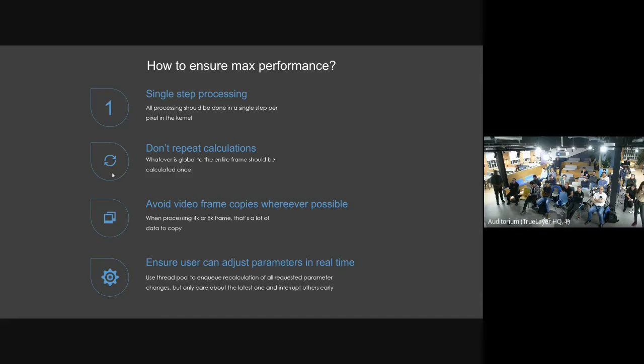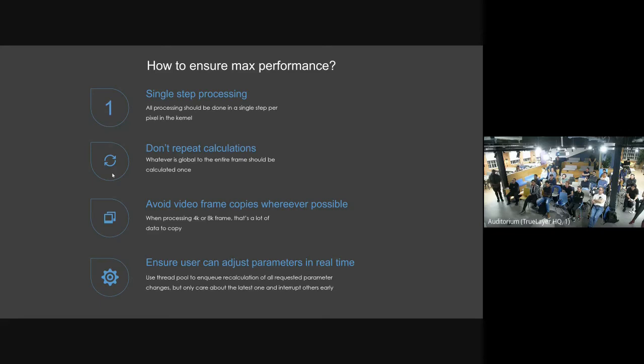Also avoid copies at all costs possible, because 8K frames with some advanced pixel format can occupy a lot of space, so there's no point in copying that for the most part. And also, we want to ensure that when you change the slider, you see the result in real time as soon as possible.